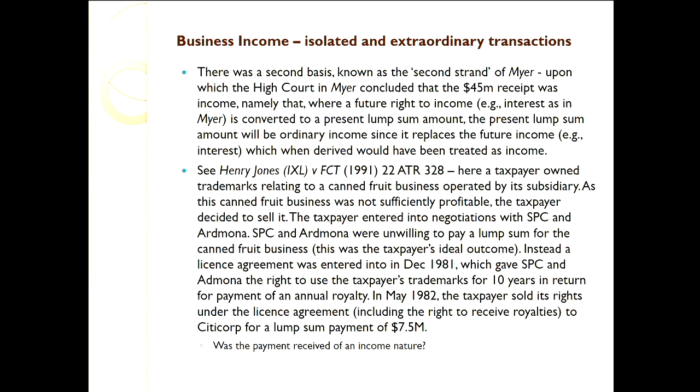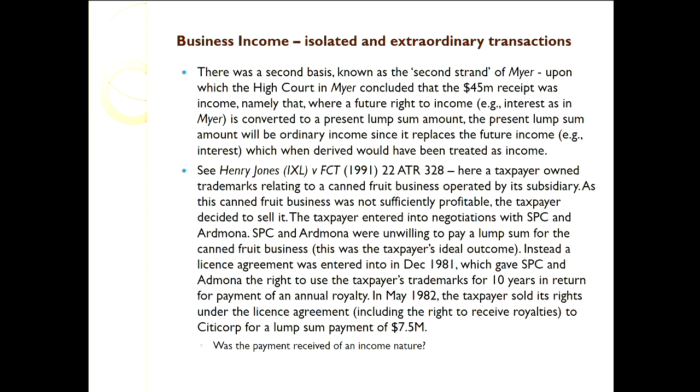Now, let's go to Maya Strand 2, right? Now, this is a further basis that the High Court gave in Maya for why the particular gain, the $45 million, is income. And it's really a completely independent basis, right? It's actually quite a clean, neat principle, right? And it relates to that compensatory principle we learnt about earlier, that a compensatory payment takes on the nature of whatever it's replacing.